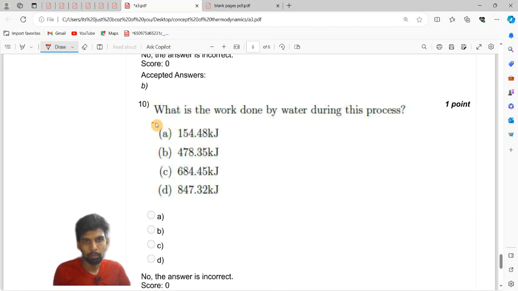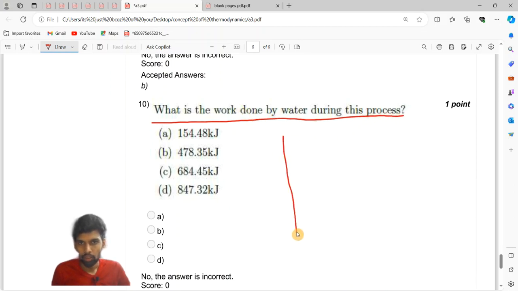And the sub part of the same problem is, what is the work done by water during the process? So let me plot the process first.